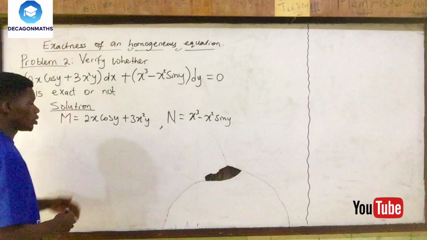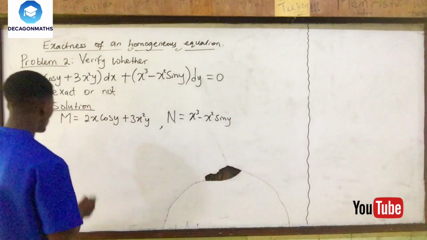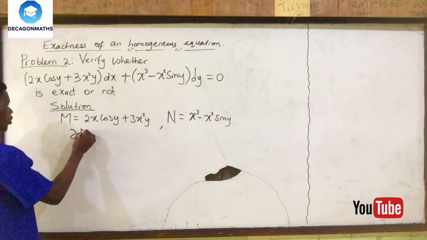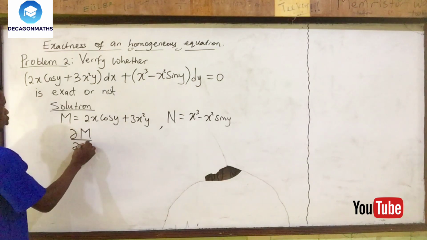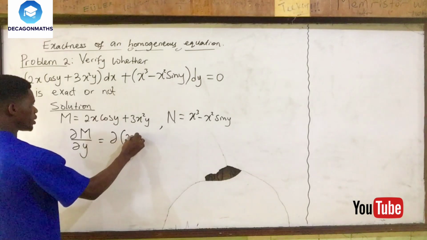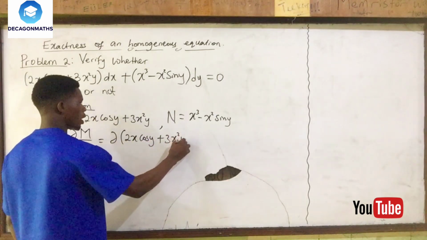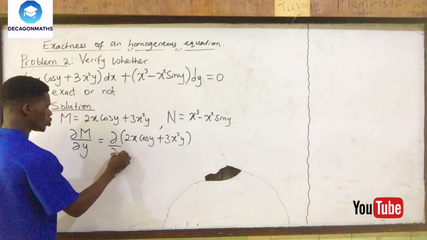Alright, the next thing is to find the partial derivative of M with respect to y. That equals the partial derivative of 2x cos y plus 3x squared y with respect to y.